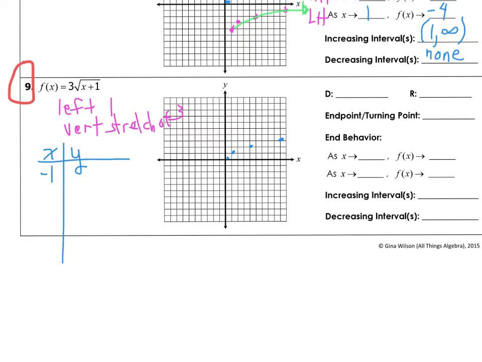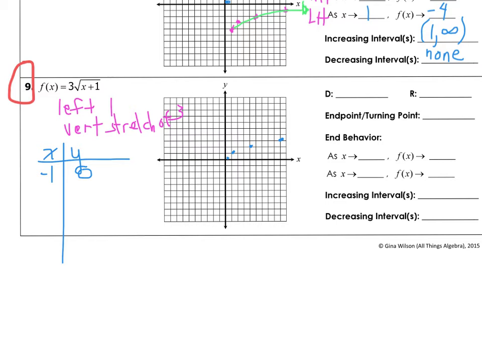But I want to choose my x values carefully. When I substitute in -1 for x, I want to make sure that when I add 1 to it, it becomes a perfect square. For instance, let's put in -1 plus 1. -1 plus 1 is 0. The square root of 0 is 0. Times 3 is 0. So my y value is 0.